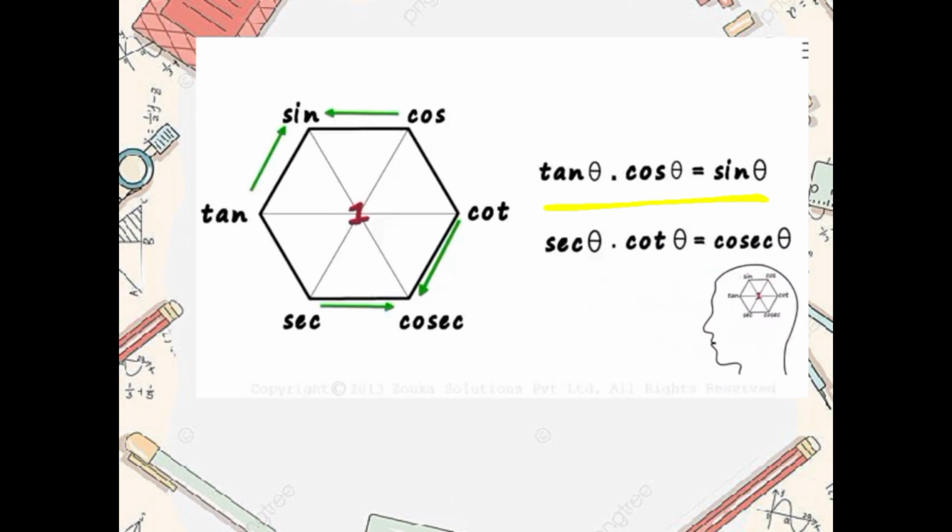And if cot theta multiplied by sec theta will give us cosec theta, we have here sec theta multiplied by cot theta is equals to cosec theta.